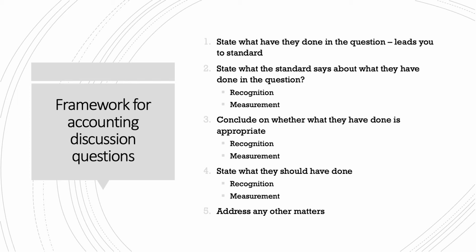Then if you need to then show what is the correct step to follow, you go to the appropriate standard, the appropriate paragraph, or you refer to the paragraph that you've already written down. And then finally, you look at any other issues that might be raised in that question and you write it down. The key thing is to write all these little things down and to score your marks.